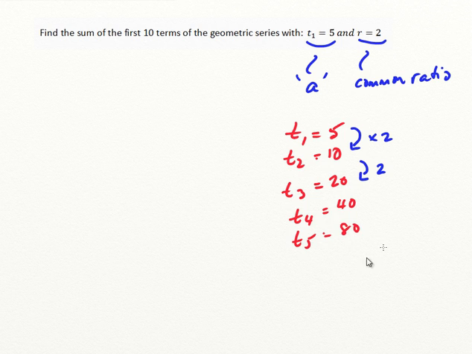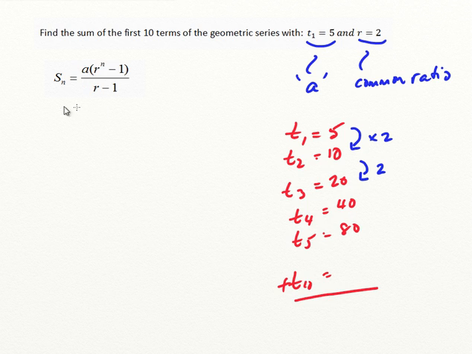Now, we could go all the way up to t10 and then add them all up. Well, that would be quite a task, especially if we were asked, for example, the sum of the first 30 terms. So there must be an easier way, and what we can do is apply the sum of a geometric series formula, which is right here.